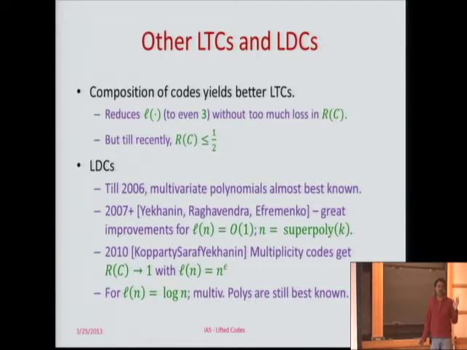So, even if you ask for locality 3 queries allowed, the highest lower bound we have is n squared, and if you allow the number of queries to go up to log n, then the codes could be of linear rate. So the lower bounds are there, but they are very weak. They are strong enough to say that locally decodable codes are a stronger concept than locally testable codes.